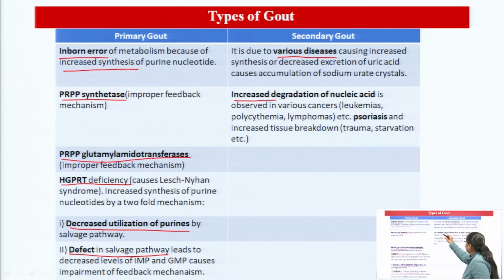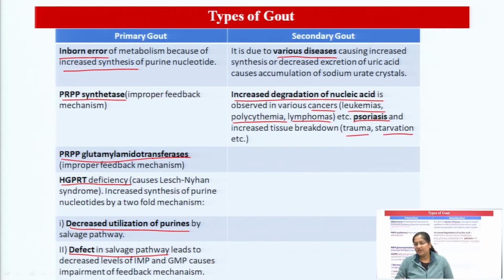Then increased degradation of nucleic acid. It is happening in certain types of diseases, in certain types of cancers like leukemias, polycythemias, lymphomas, and one more disease, that is psoriasis. Then increased tissue breakdown, trauma, and starvation conditions are there, in which we can see there is a huge chance of secondary gout.